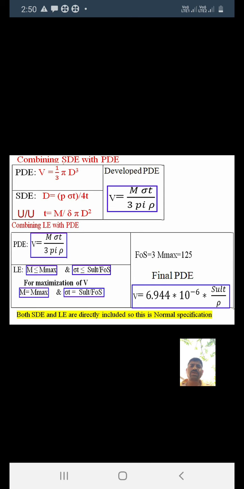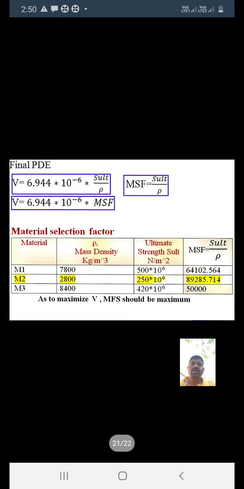Before that, we have seen how to calculate the optimum design with the help of the normal specification. Then we have found the final PD. Then we select the material selection factor, MSF, which is equal to SUT divided by rho.